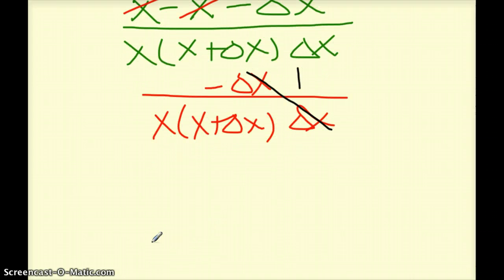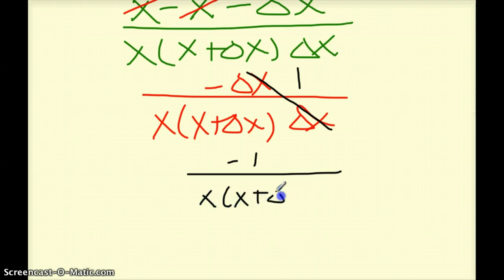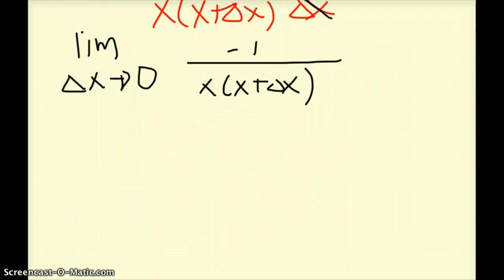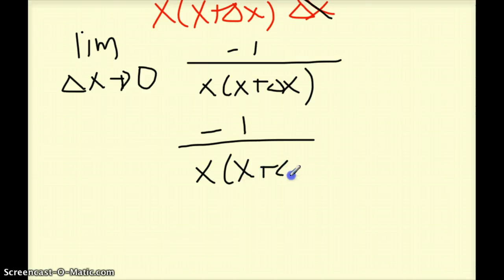And if I continue this, I get negative 1 divided by x times x plus delta x. And don't forget, we're not done because we need to take a look at the limit as delta x approaches 0. So what should I plug in for delta x? Correct, I need to plug in 0. So I get negative 1 divided by x times x plus 0, which gives me negative 1 over x squared.